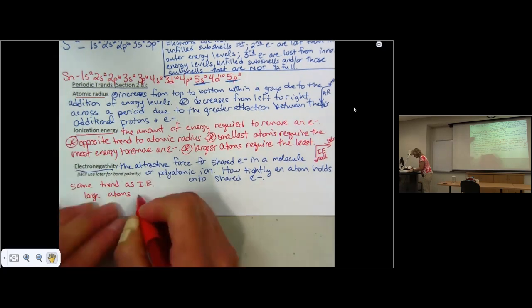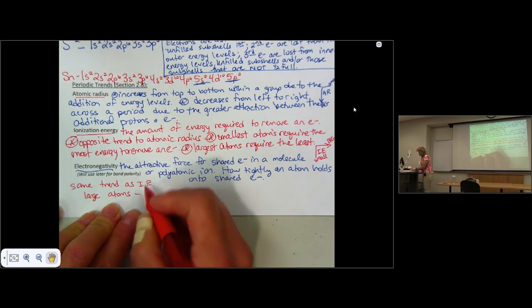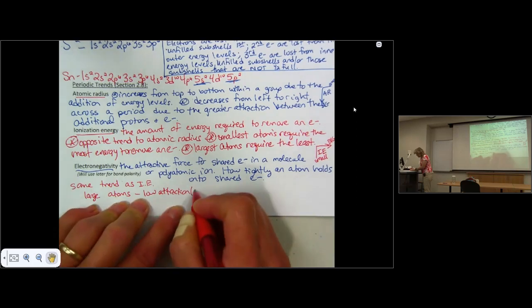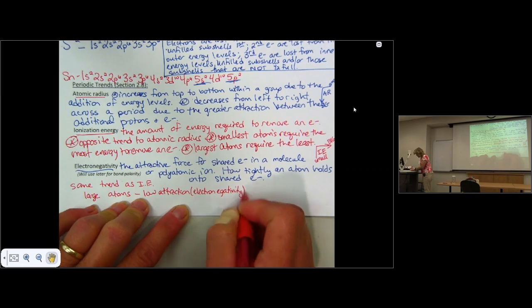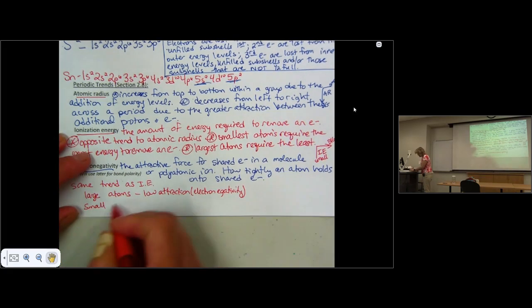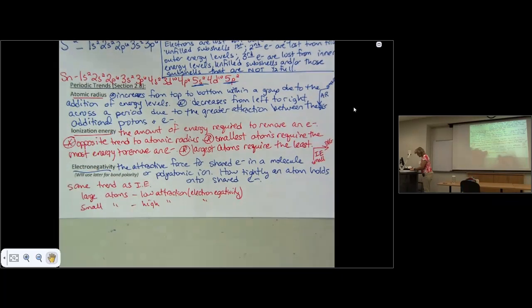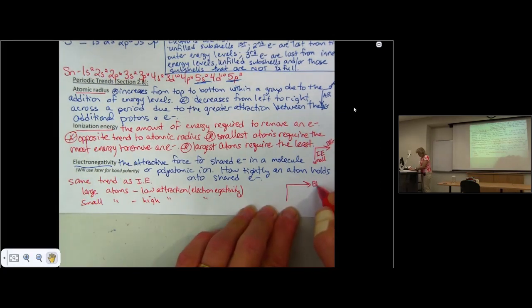Large atoms, low attraction, meaning low electronegativity. And small atoms, high attraction or electronegativity. So you could draw exactly the same trend chart.